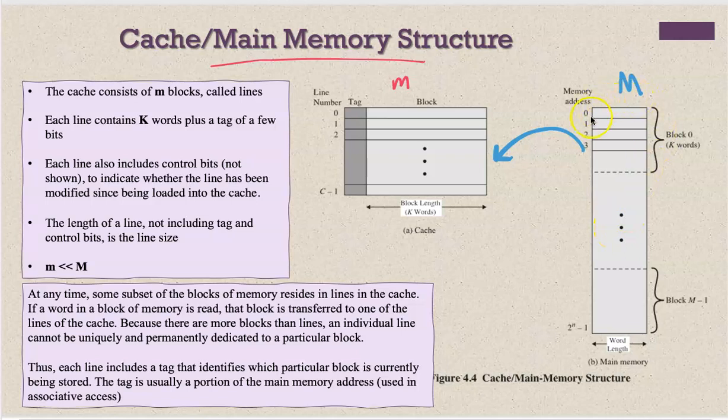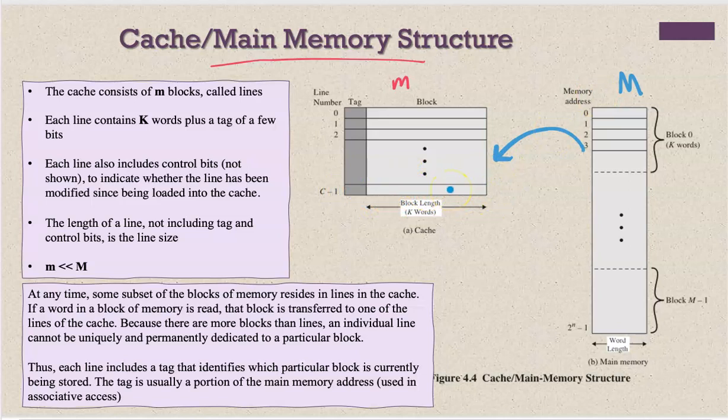Let's say we are going to map block 0 onto one line in the cache. The cache has a block length which is the same, so this length is k. Let's call this parallel, but it will map it in serial, like this, so you get the same length of k, but with the k words in serial.